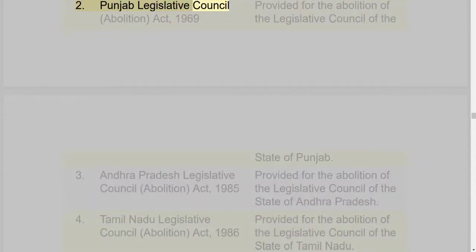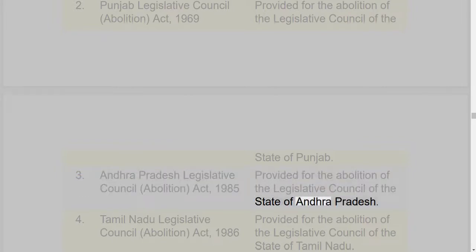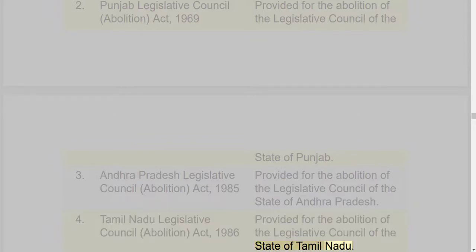Punjab Legislative Council Abolition Act, 1969 provided for the abolition of the Legislative Council of the State of Punjab. 3. Andhra Pradesh Legislative Council Abolition Act, 1985 provided for the abolition of the Legislative Council of the State of Andhra Pradesh. 4. Tamil Nadu Legislative Council Abolition Act, 1986 provided for the abolition of the Legislative Council of the State of Tamil Nadu.